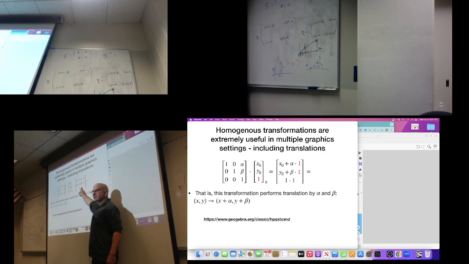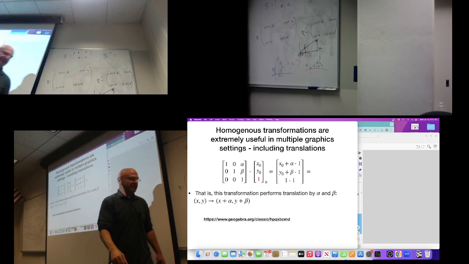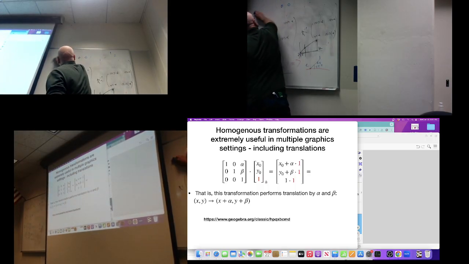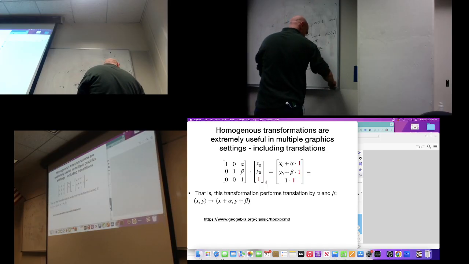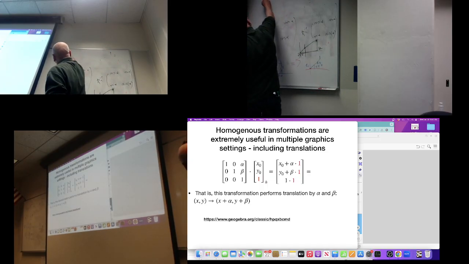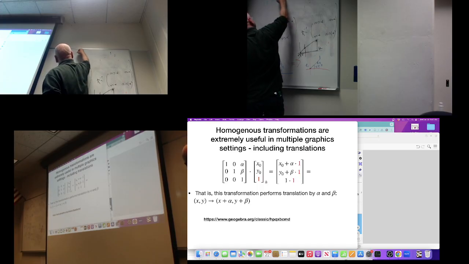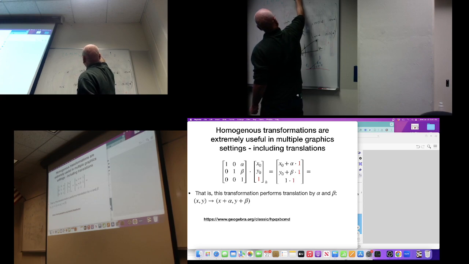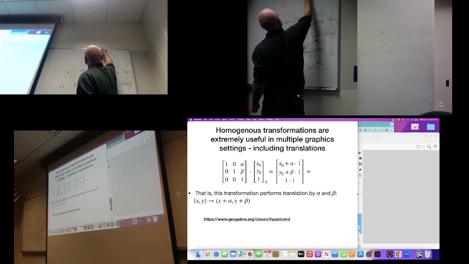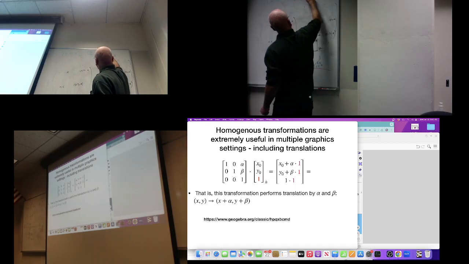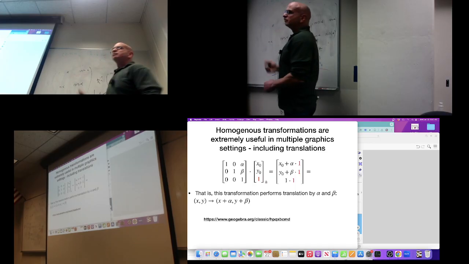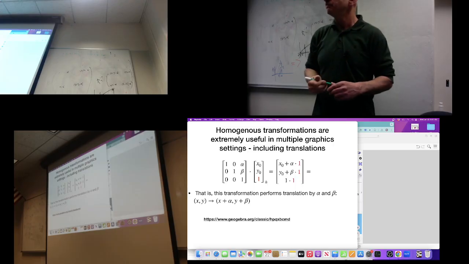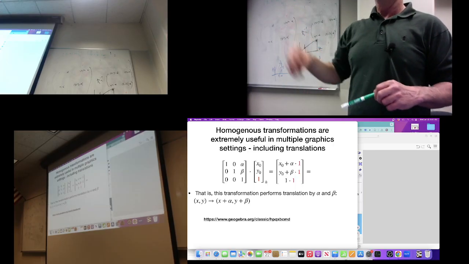So the last coordinate will be increased by twice, which according to our understanding, x, y, w should be read in homogeneous as x divided by w and y divided by w in Cartesian. So what would be the impact of having the w as 2 instead of 1?